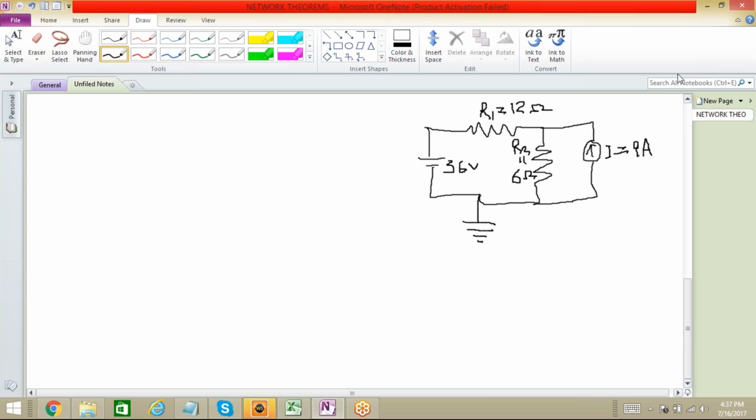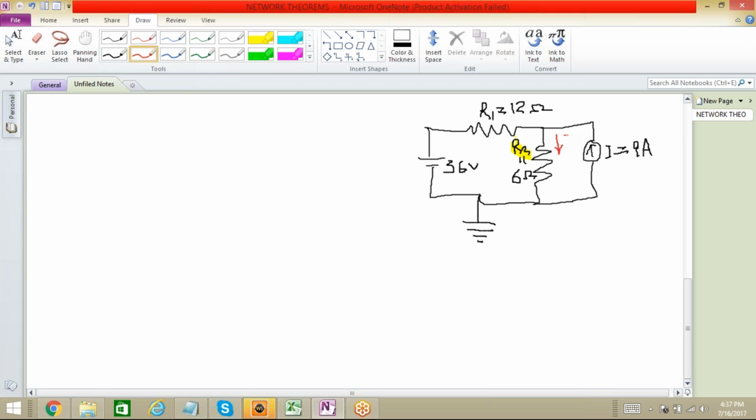Now we have to solve this, and in the circuit we need to determine the current which is supposed to flow through this particular resistance, R2. Obviously the current flows from here in this direction.